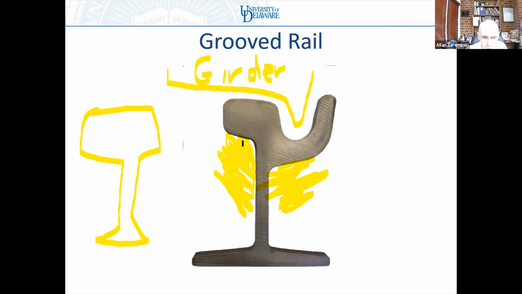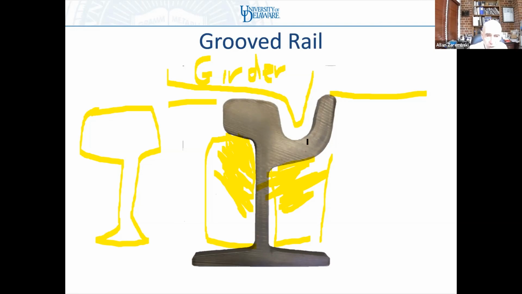And usually, if you look underneath the street, you'll see that there's some sort of filler material that goes in here that's used to help support the head of the rail. You can't take girder rail and leave it unsupported because the head would rotate on the web.